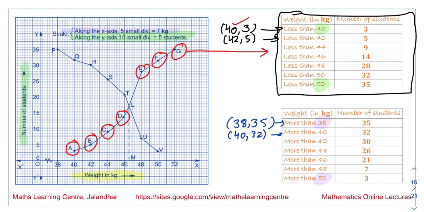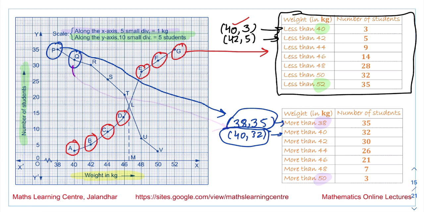Next, corresponding to the greater than type values, this point is 38,35, which we call P. Next is 42,32, which is the point Q. So we have obtained the points P, Q, R, S, T, U and V. These correspond to the more than type values.